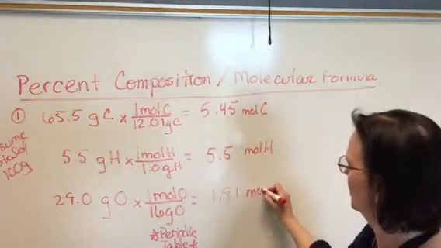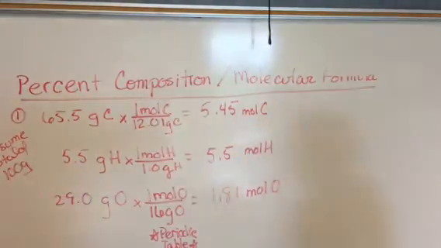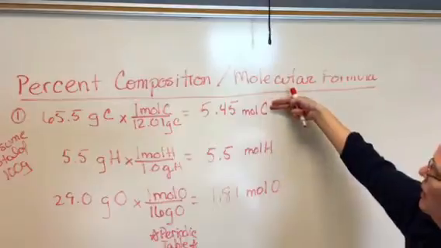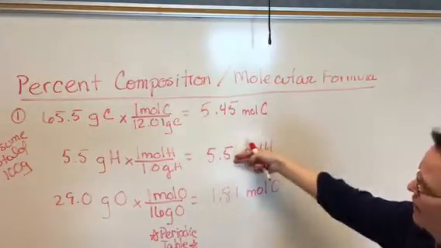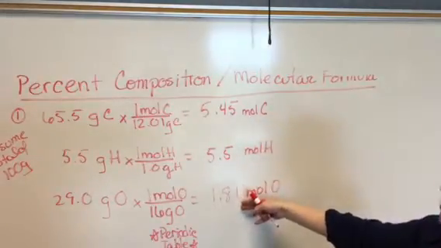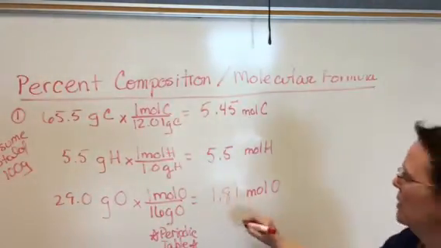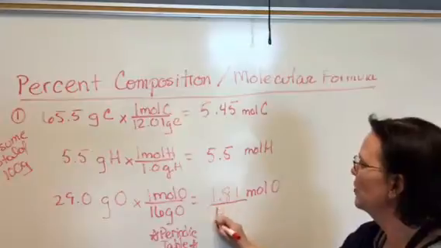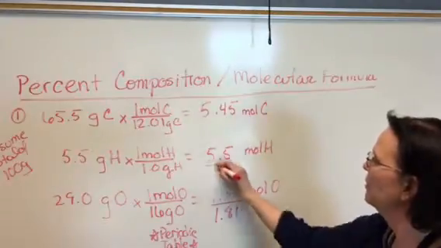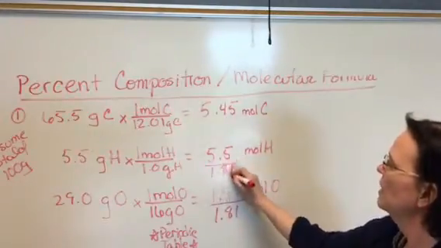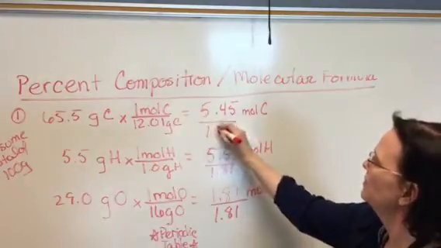Now looking at your notes, it says the next step is to take the smallest number of the 3. So we've got 5.45, 5.5, and 1.81. This is the smallest number. So we're going to divide all 3 of these by the smallest number.